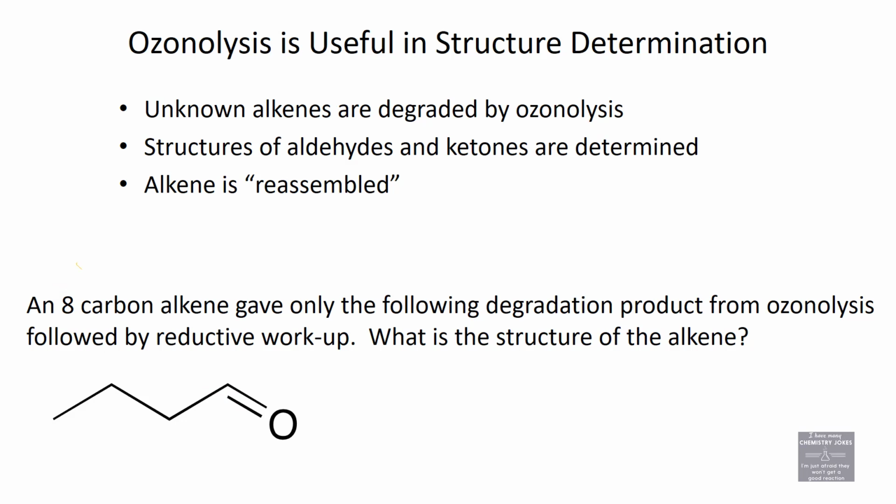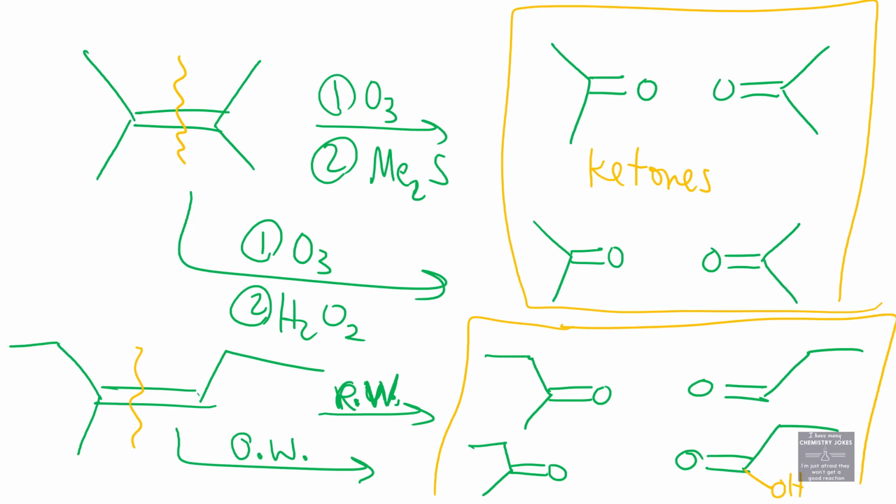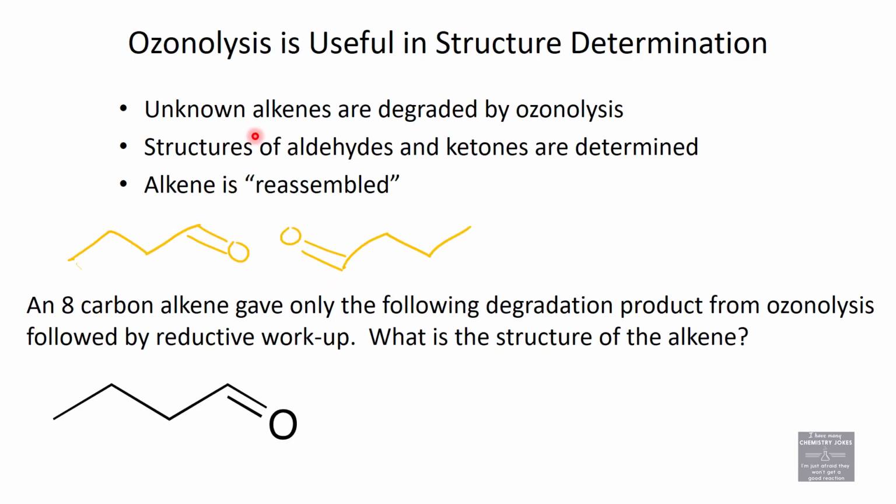It must mean that I ended up producing 2 of the very same aldehyde when I chopped my alkene. Just like the previous top example, I ended up producing 2 identical ketones because I chopped a symmetric alkene. So what I'm saying down here is this must have been a symmetric alkene.